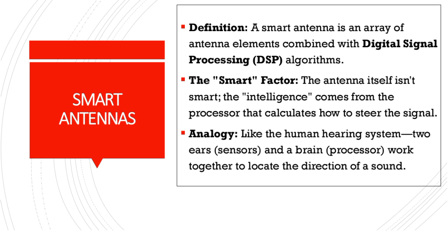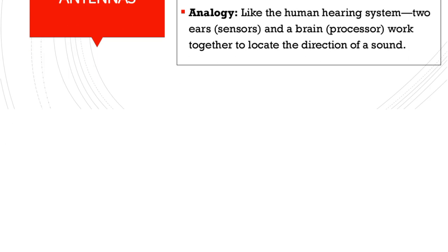It automatically calculates how we can estimate the arrival of the signal. Like our human hearing system, we have two ears and the brain. Like that, smart antennas also have sensors and processors to locate the direction of the sound. So that is the smart antenna.